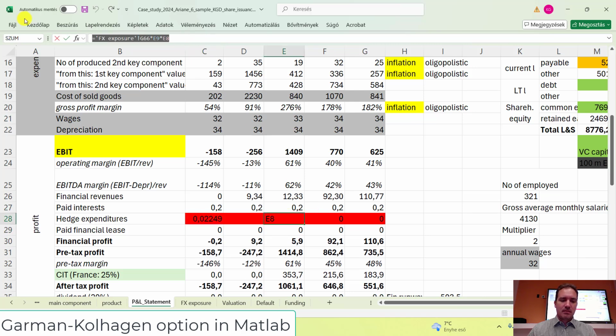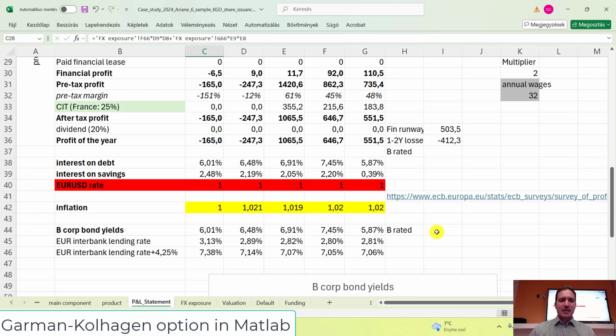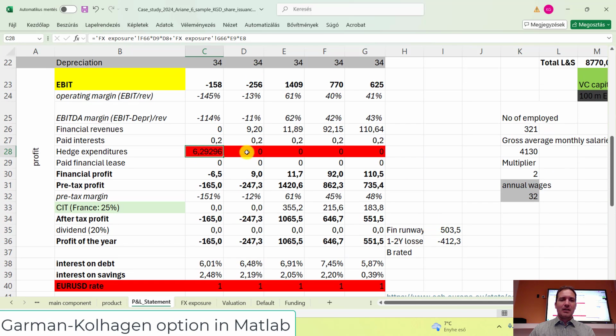Yes. I was able to hijack them and just put it there. So it's not the most elegant way, but in this case we can say that. Yeah. This is only happening in the first year, because right now we are adding all our hedge related expenditures.